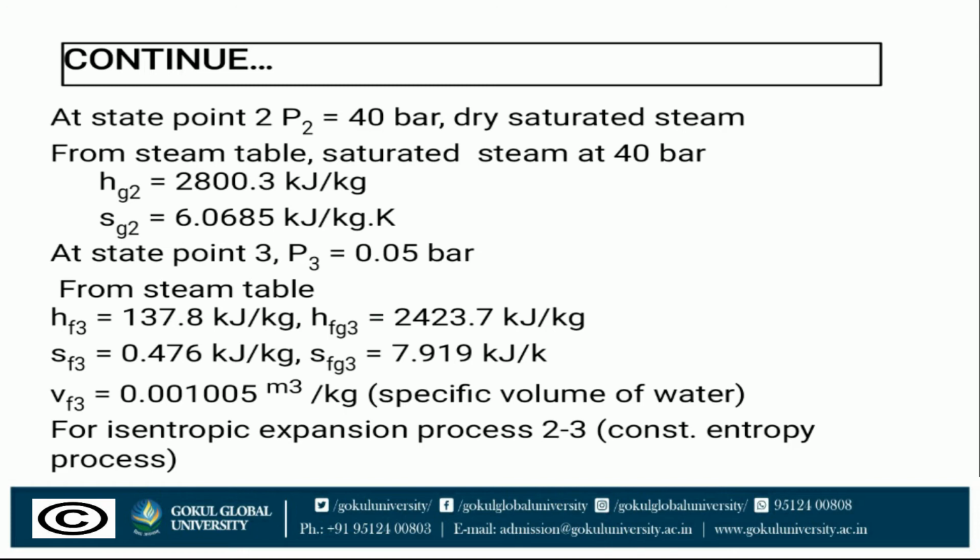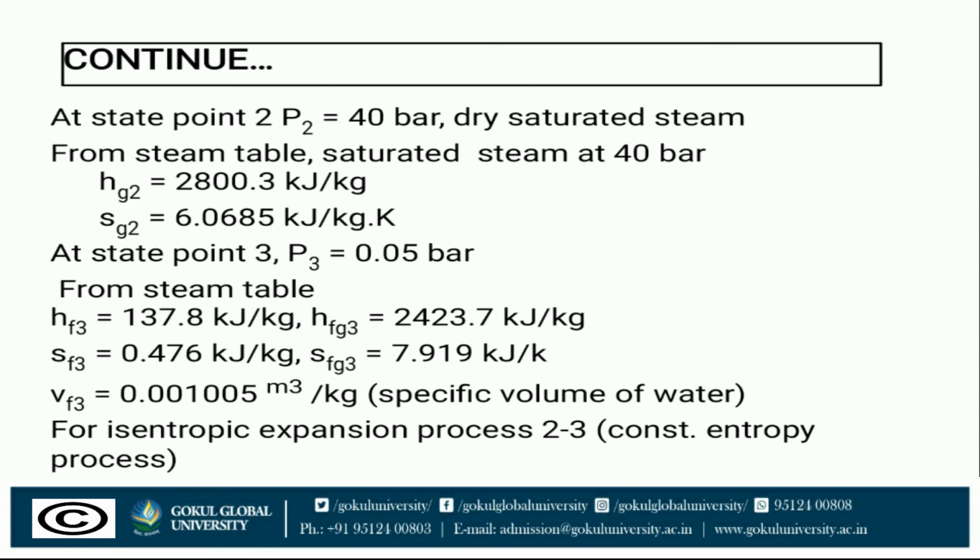At state point number 3, P3 is equal to 0.05 bar. With the help of the steam table, Hf3, the enthalpy of fluid at point number 3, is equal to 137.8 kilojoule per kg. Hfg3, the enthalpy of fluid and gas at point number 3, is equal to 2423.7 kilojoule per kg.